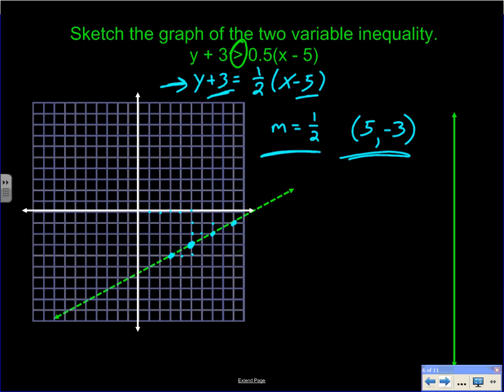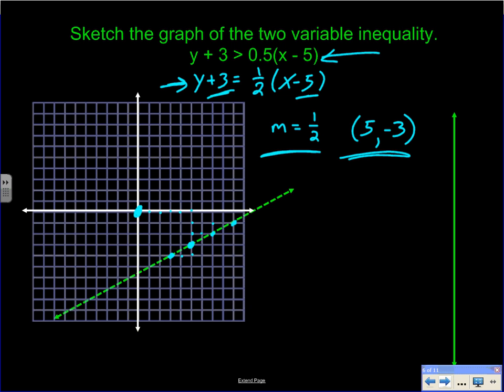And now we need to figure out which side of the line we're going to be shading. Like I said a few slides ago, 0, 0 is the point that I typically always choose.